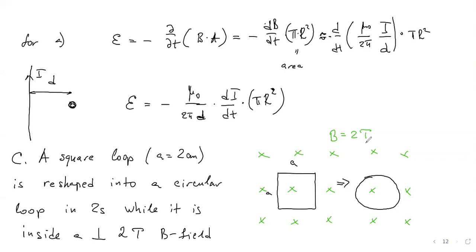What are you gonna do? What will be your steps? I guess it's going to be clockwise, because the area will decrease, so the B field induced in the loop will decrease.